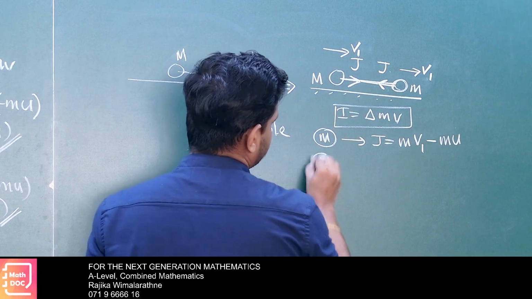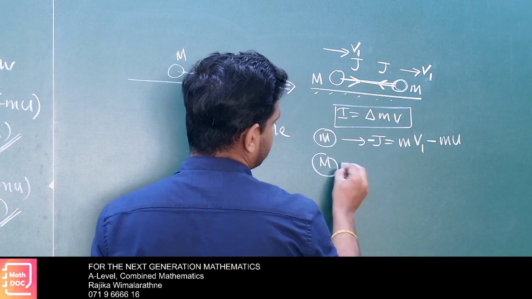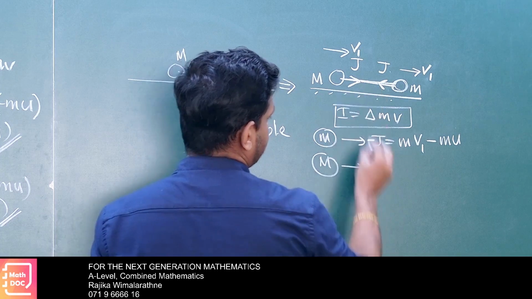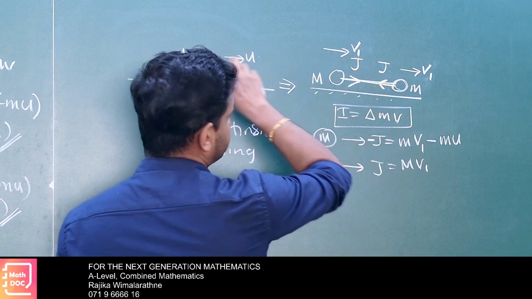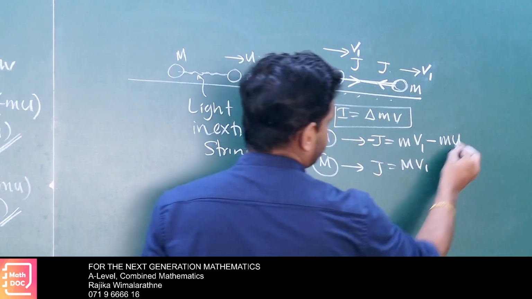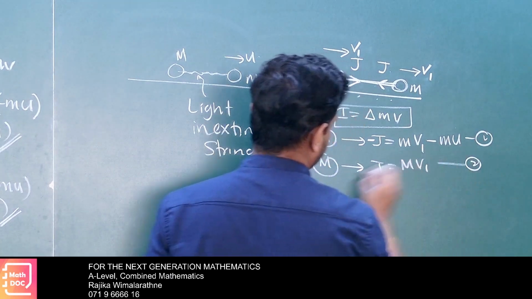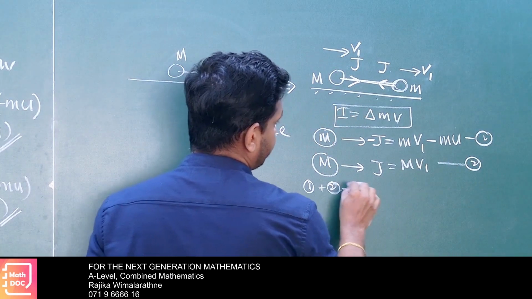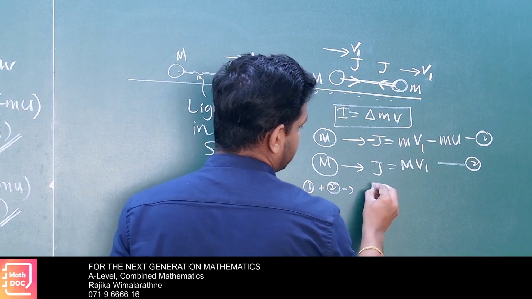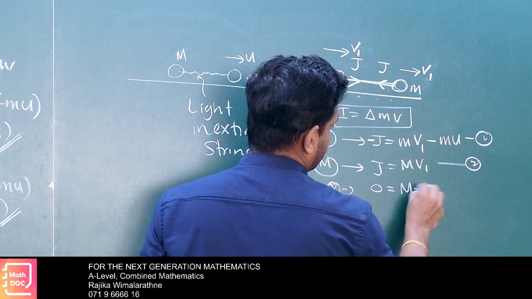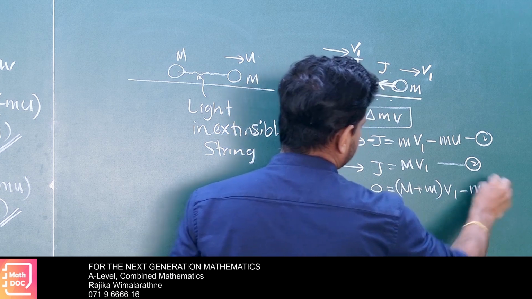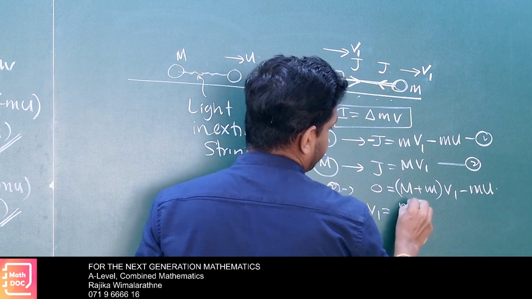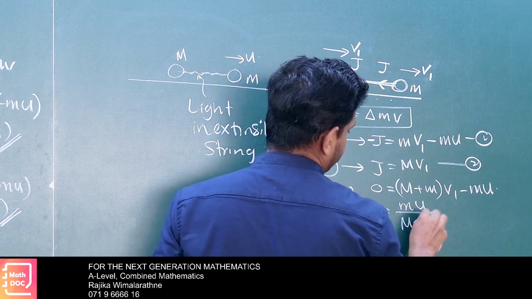For capital M, the direction is opposite, so no minus: J equals capital M v1, initial velocity 0. Now you add them: J cancels, 0 equals (m plus M) v1 minus mu. Here v1 equals mu divided by m plus M.